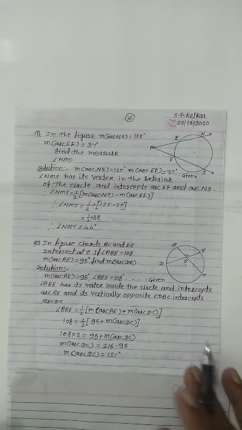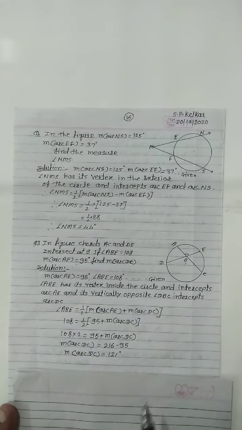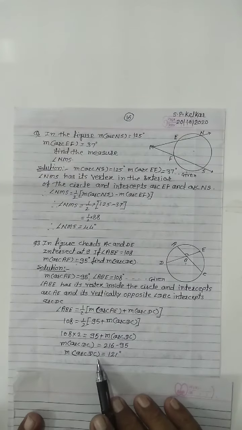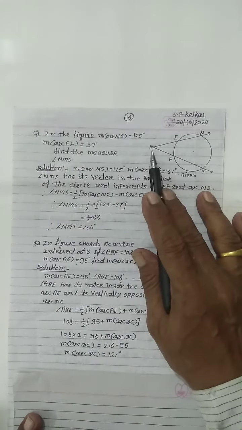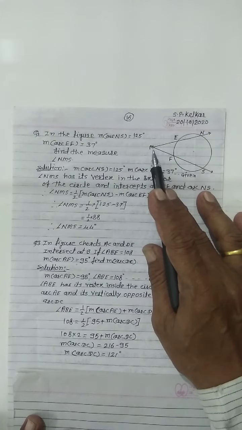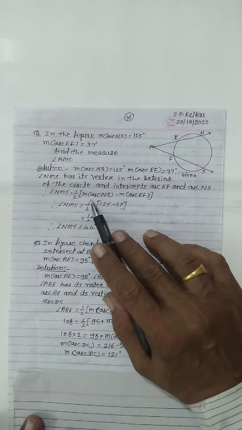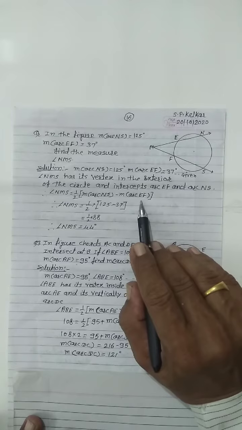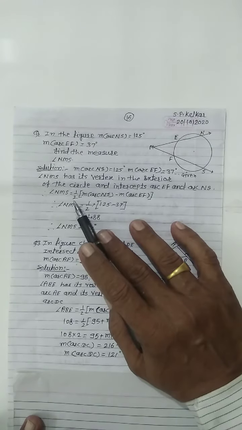In this way, we find out the value of arc DC. See, if the vertex of the angle lies outside the circle, then we write the difference of the intercepted arcs and its half.